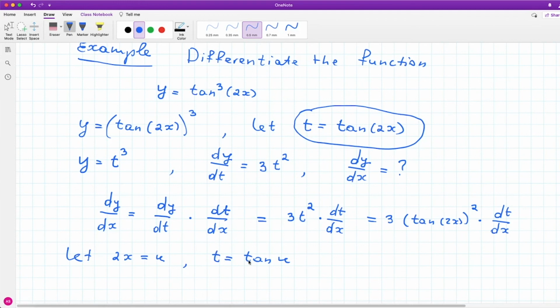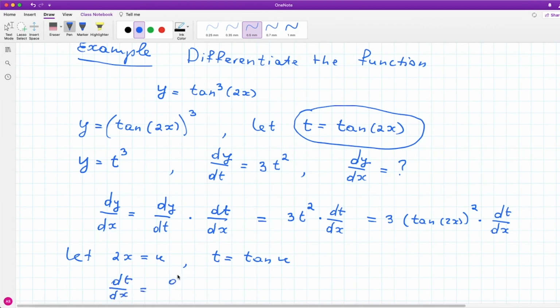This is a simpler function than the tangent of 2x. We sort of hid the complexity of our function partially in that intermediate variable u, which is equal to 2x. So now, again, we use the chain rule to calculate dt/dx.